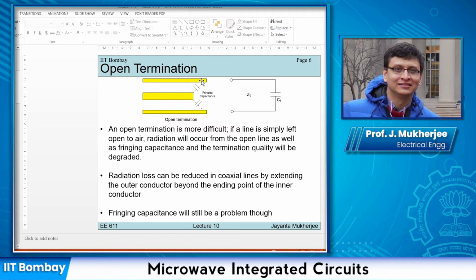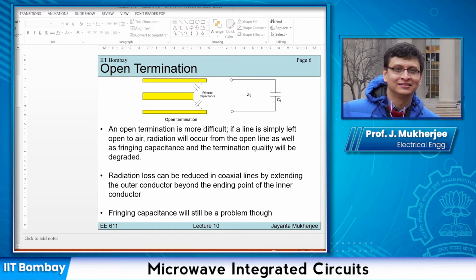Here, see this outer conductor, it's slightly extended. This way the capacitance between the inner and outer conductor is reduced. Also, the radiative losses are reduced this way.